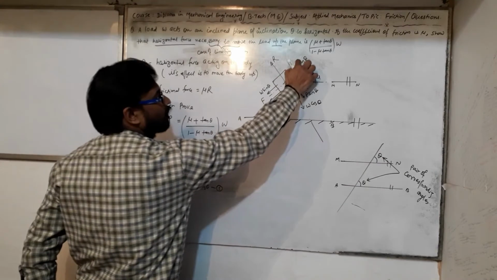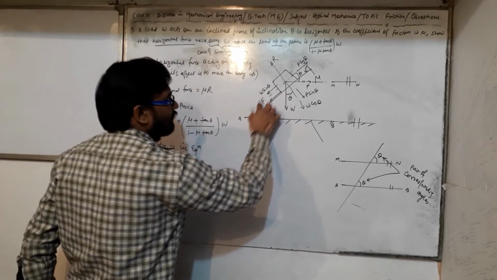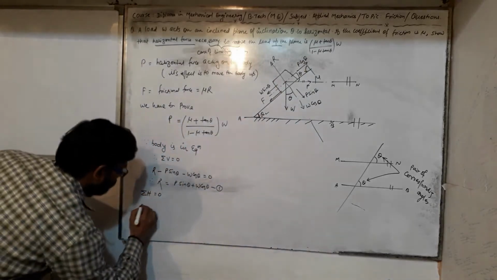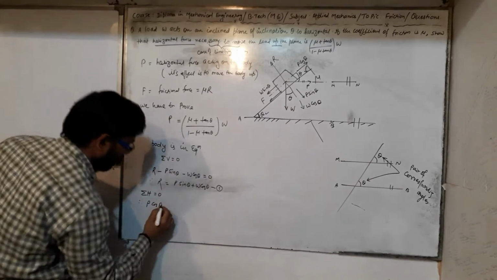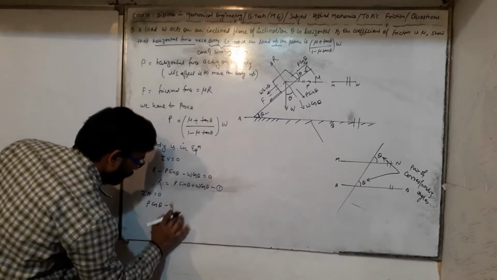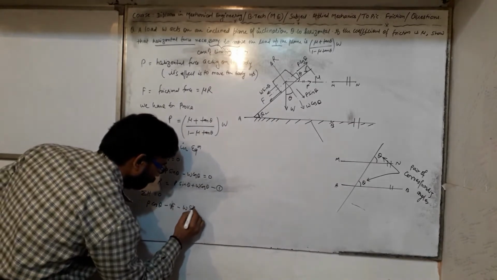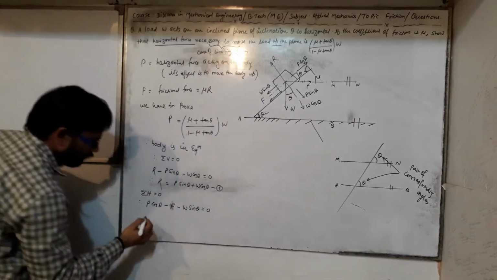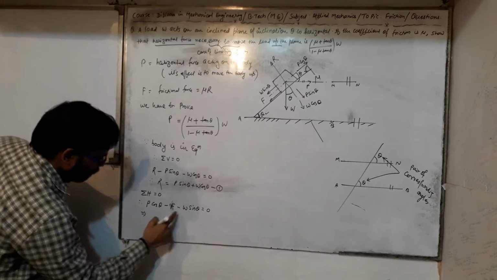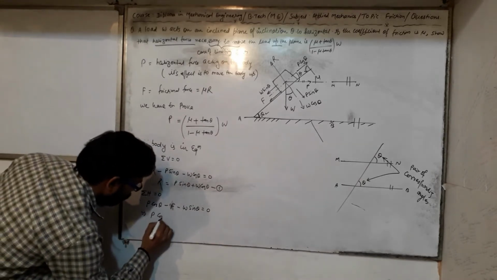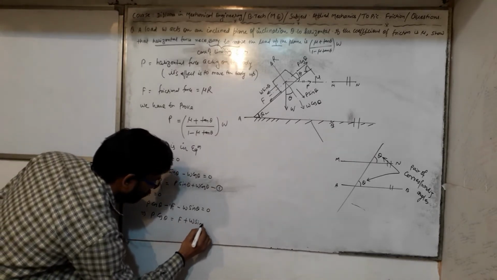If I am taking P cos theta as positive, then these two must be taken as negative. So P cos theta minus F minus W sin theta must be equal to 0. Transposing these two, P cos theta equals F plus W sin theta.